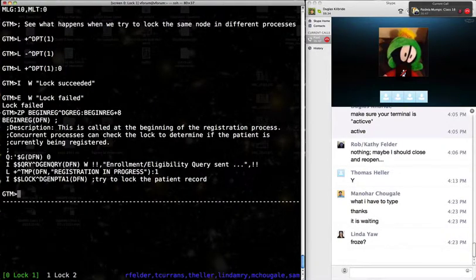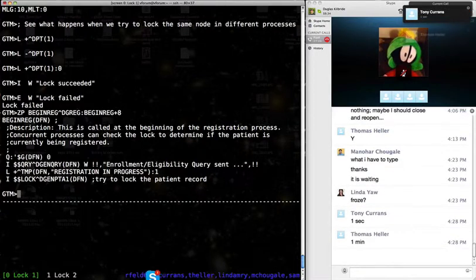All right, this is the routine that we just looked at. Who wants to tell me what the lock timeout is in this example? All right, that's correct, Tony. It's 1 second. Oh, Tom, no, it's not 1 minute. It's 1 second. 1 minute is a century in computer time.